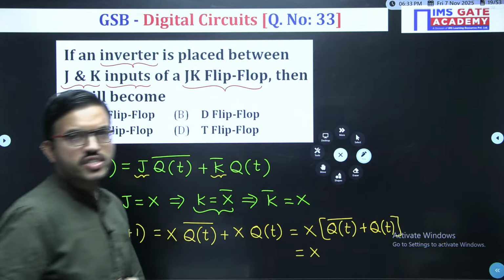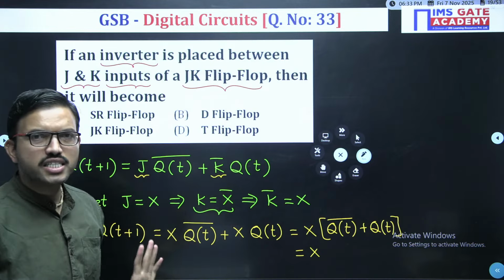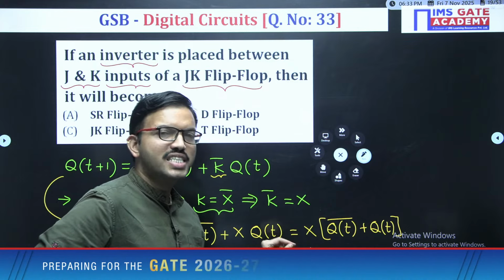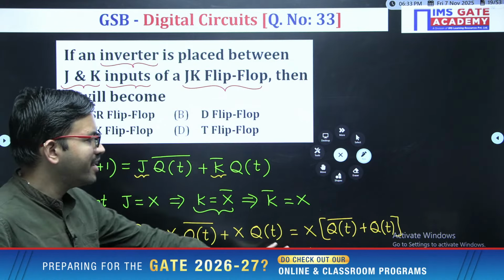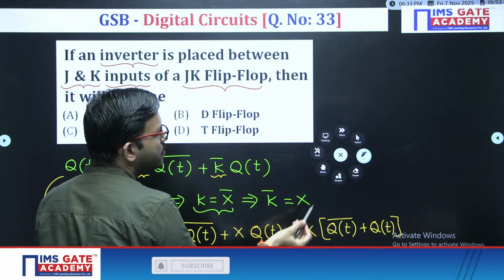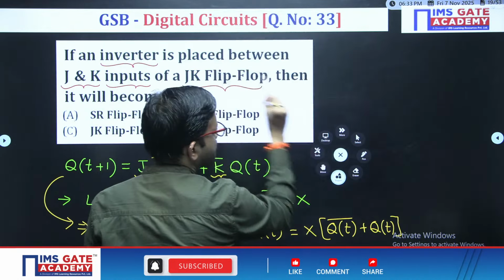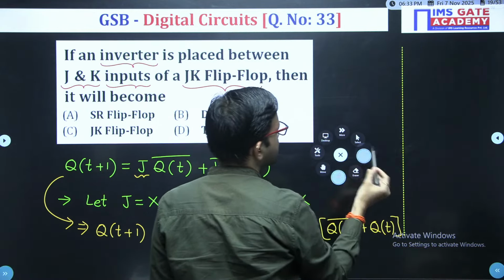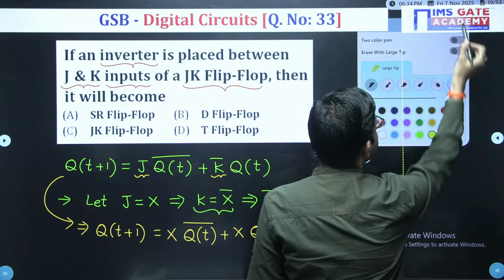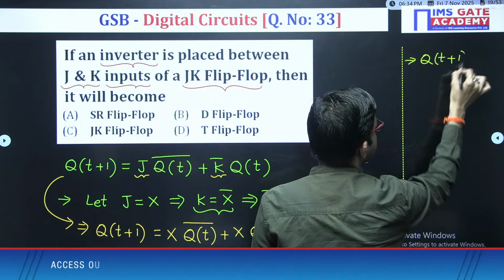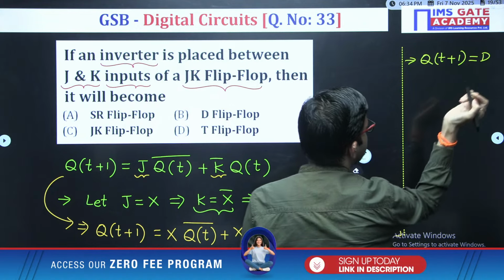So what is your observation? The final simplified characteristic equation you are getting is Q of T plus 1 equals X. It is matching with the D flip-flop, provided X equals D. That's all. So in this case, option B is the correct answer for this question. Just for reference, I am writing Q of T plus 1 equals D. This is the characteristic equation of the D flip-flop.